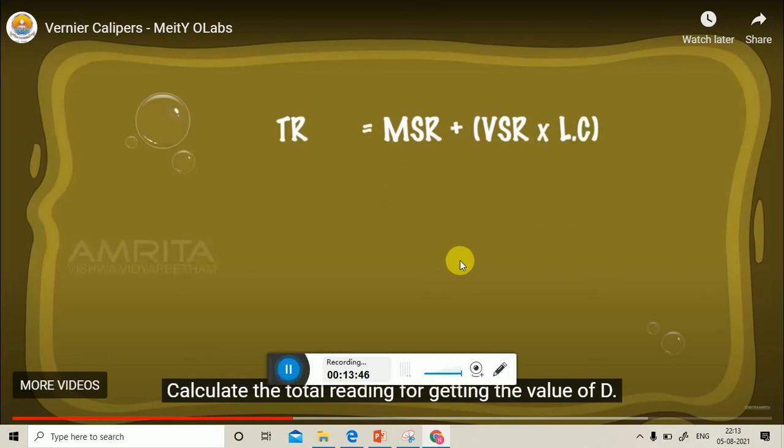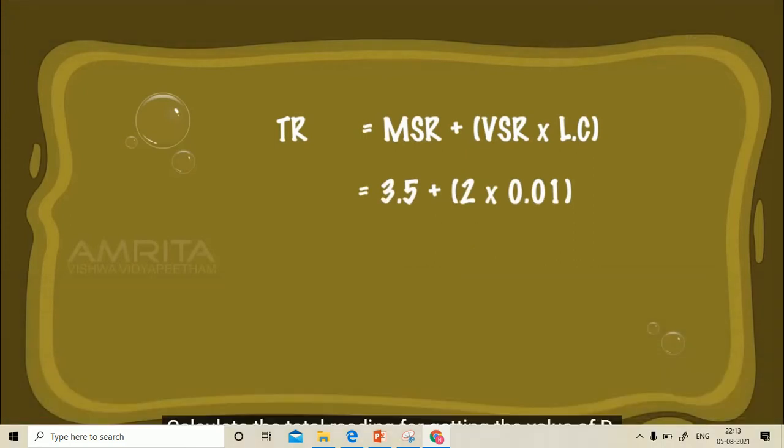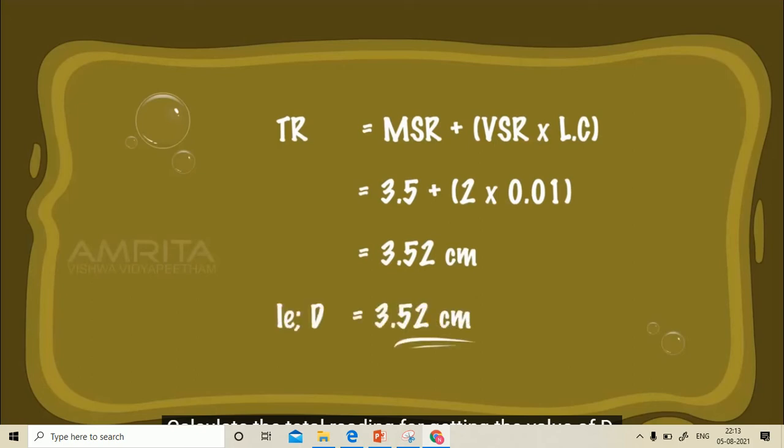Let us see the process of finding the total reading of the internal diameter: 3.5 plus 2 into 0.01 centimeters, which is 3.52 centimeters. That is the internal diameter of the given calorimeter.